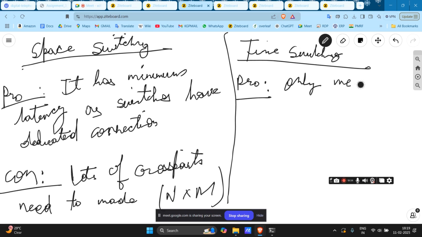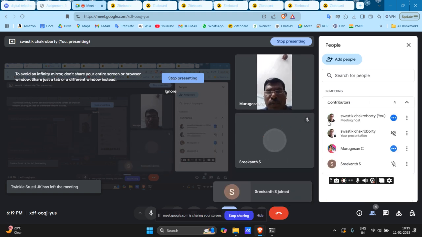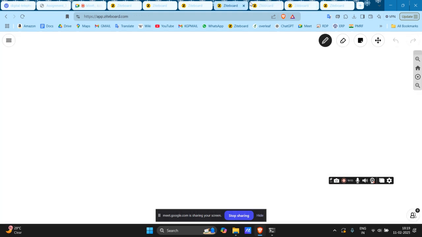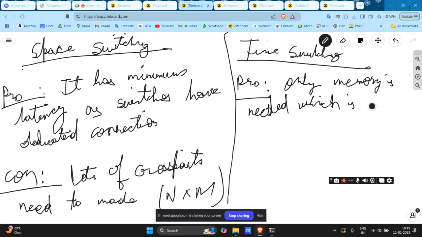Only memory is needed, which is cheaper than cross points. So it is cheaper to implement. Making a lot of cross points is not convenient.